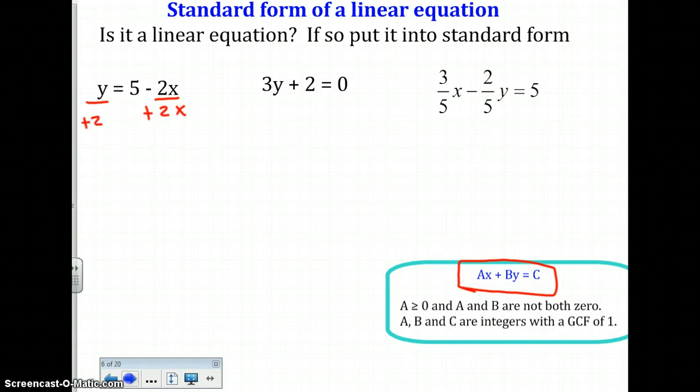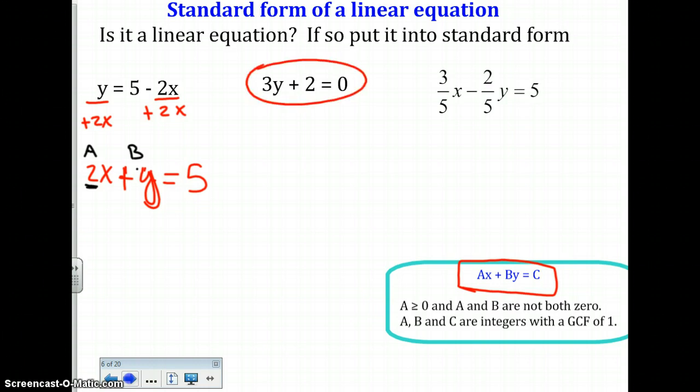I can't combine 2x with y, so I get 2x plus y equals 5. In this case, the a value happens to be 2. The b value is what's in front of the y. That happens to be a 1. So in standard form, this equation would be 2x plus y equals 5.